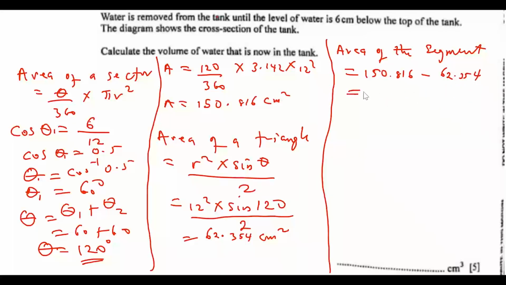If you subtract this, you should get 88.462. So that will be the area of the segment, which is the area of the cross section.